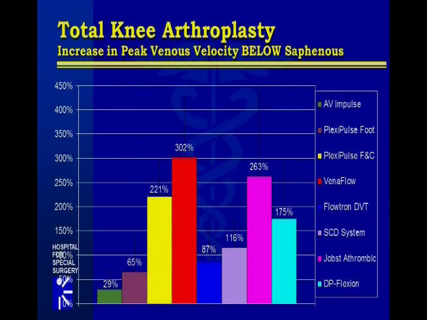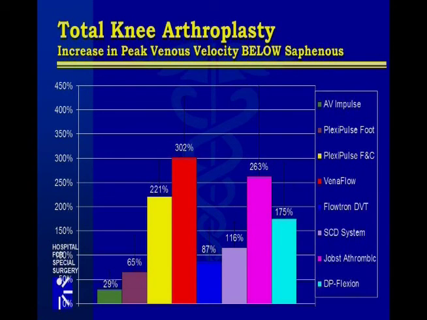The Kendall sequential compression device had a 116% increase in peak venous velocity, and the Jobst device, 263% increase in peak venous velocity. Asking the patient to actively dorsiflex and plantar flex their foot had a 175% increase in peak venous velocity. The problem is that this couldn't be sustained over time.